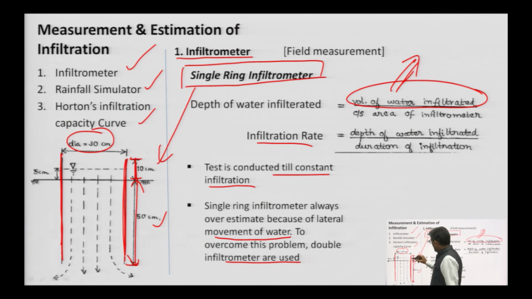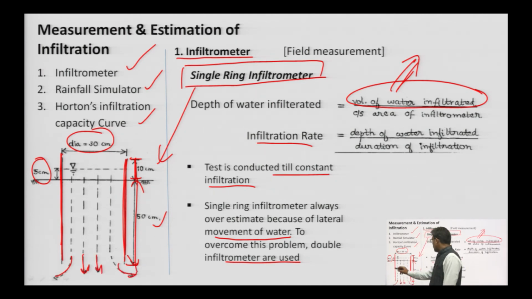Total is 10, and the water is stored up to 5 centimeter, and the quantity of the water passing through that ring, that area, is recorded.